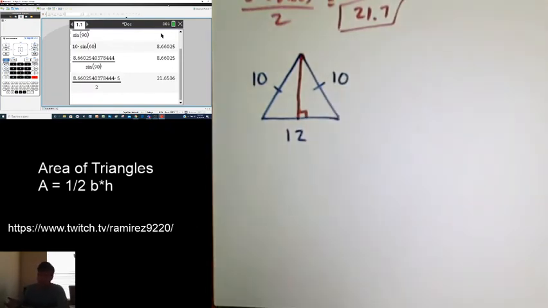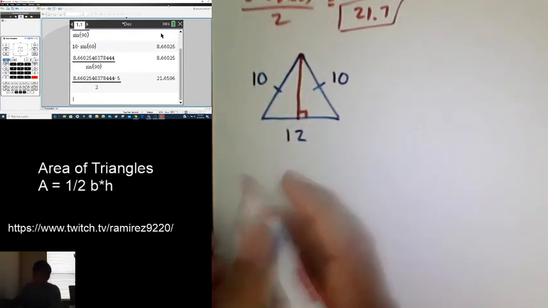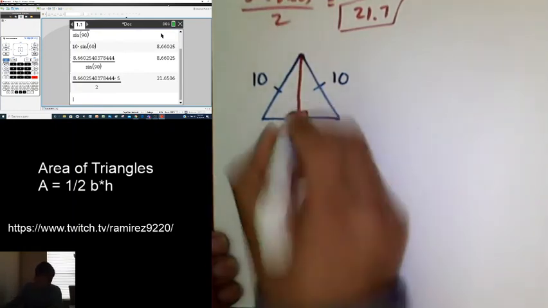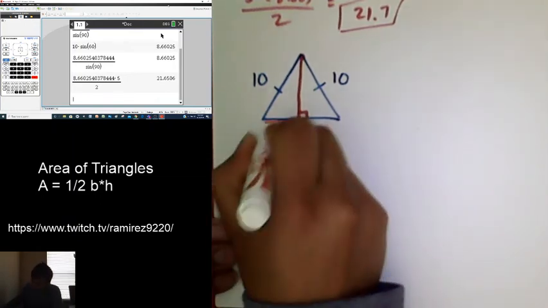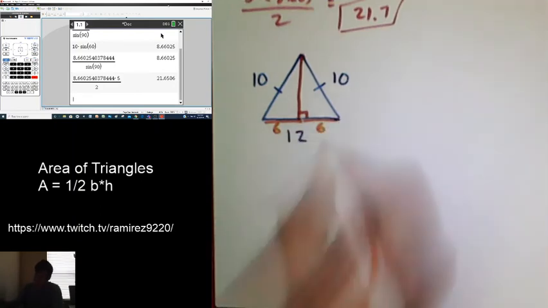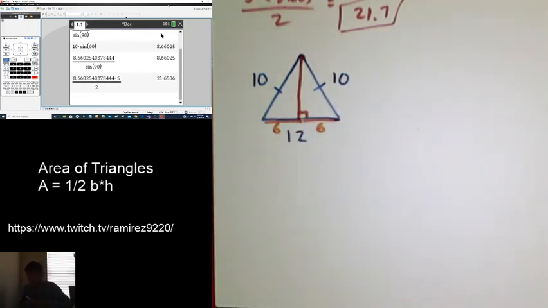And because it's isosceles, if you were to imagine folding it, it would be right down the middle again. So these two pieces happen to be the same. So I automatically know that this is 6 and that's 6 because it got cut in half.